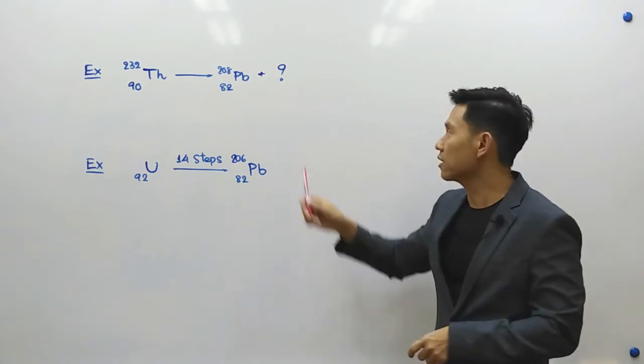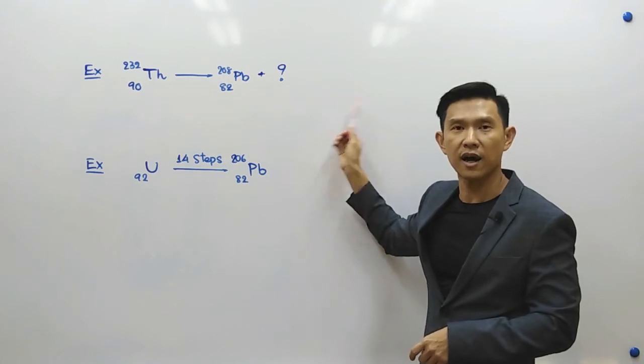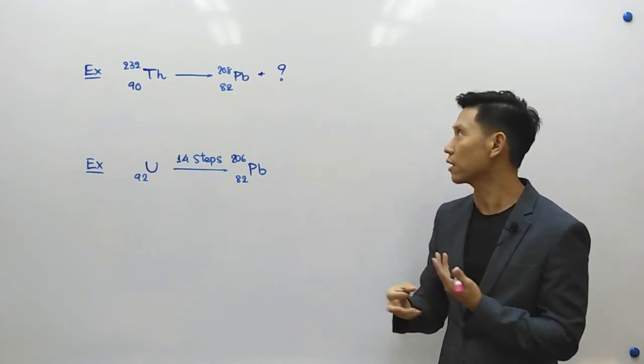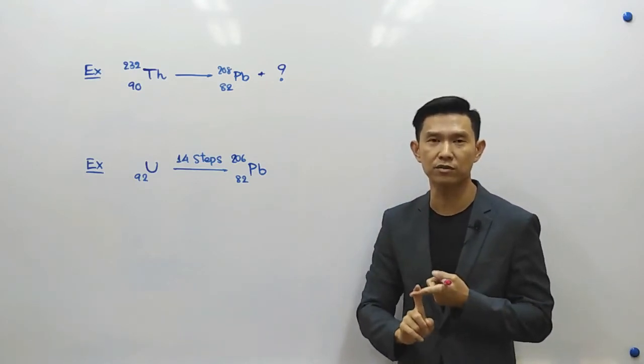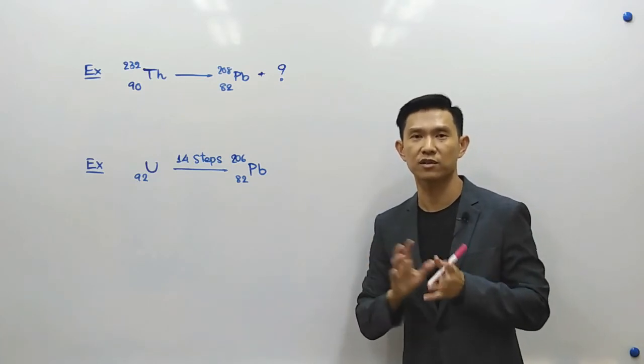The question is, what is the radioactivity created here? How many alpha, how many beta, things like that? Would it eliminate only beta particles or only alpha particles, or a mix of alpha and beta, and how many of each kind of particle?